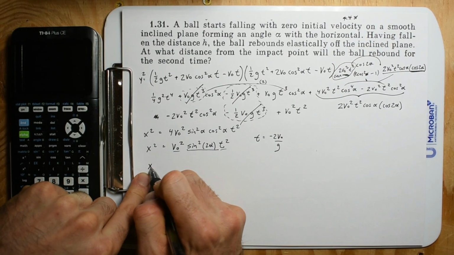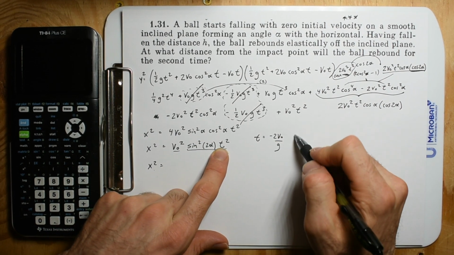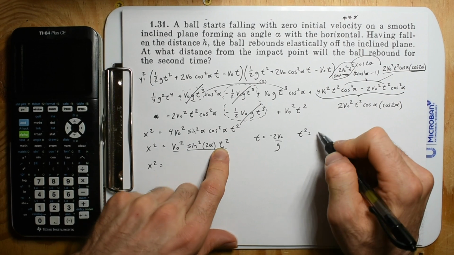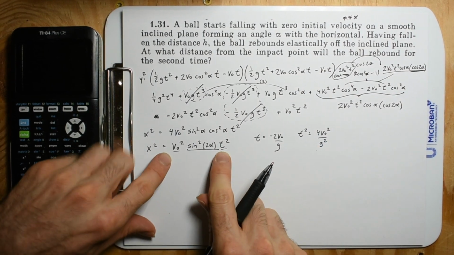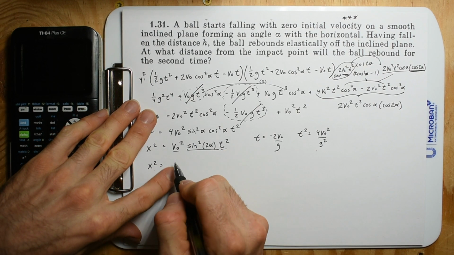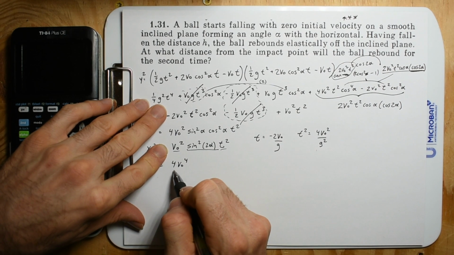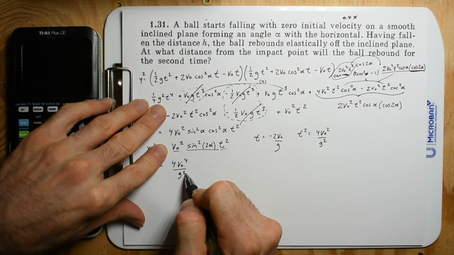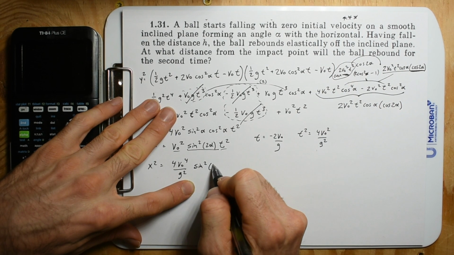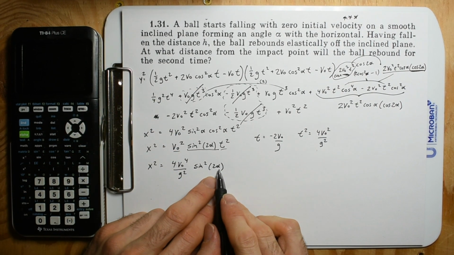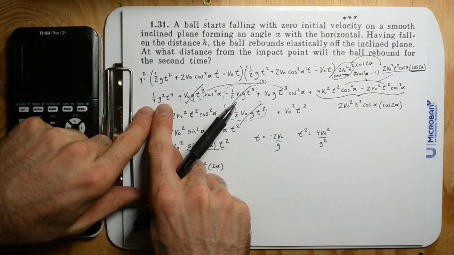So now this x squared term is going to be, the 2 gets squared, so t squared is going to be 4 v naught squared divided by g squared. And if we do it right here, this whole thing becomes 4 v naught to the 4th divided by g squared, and then just sine 2 alpha. Okay, so let's at least do this with this, we already got it up here.